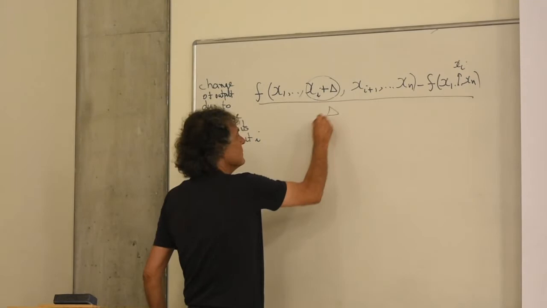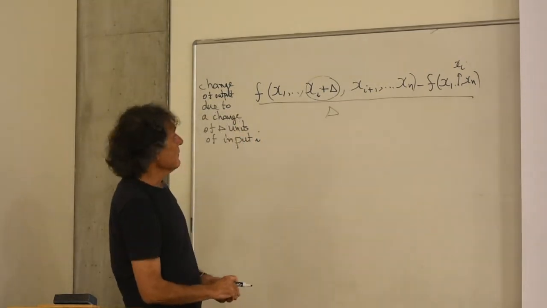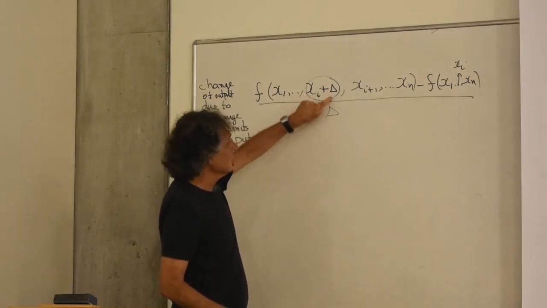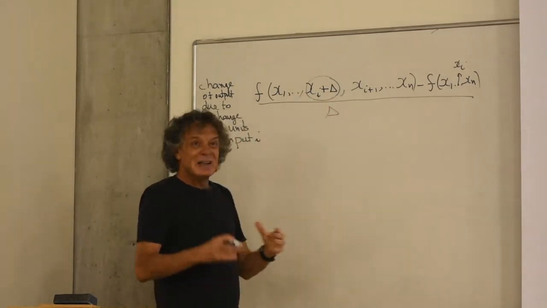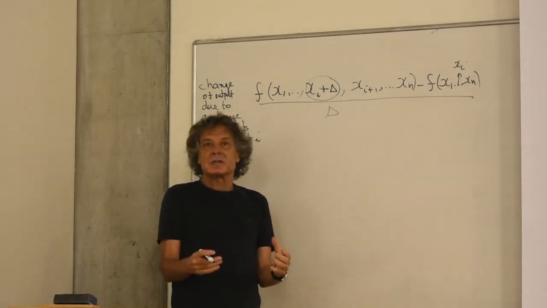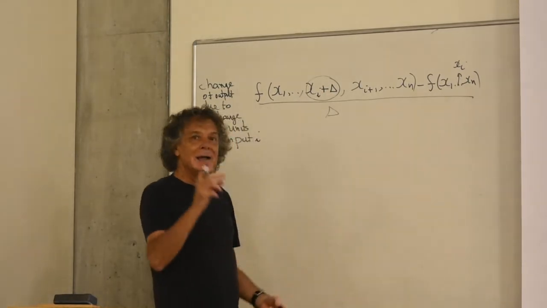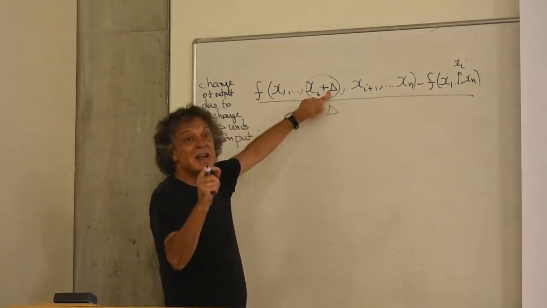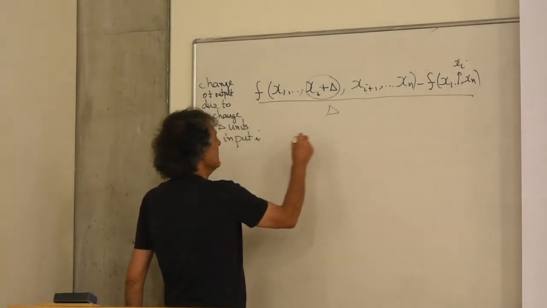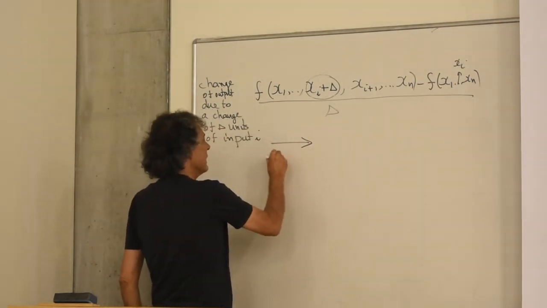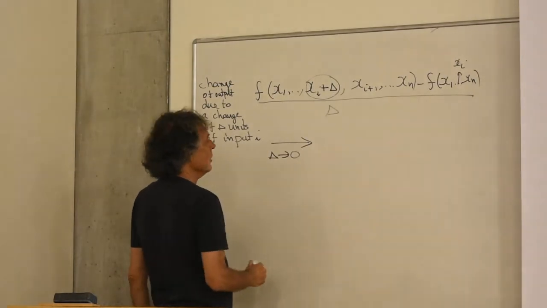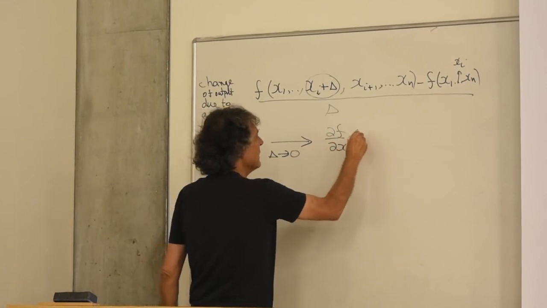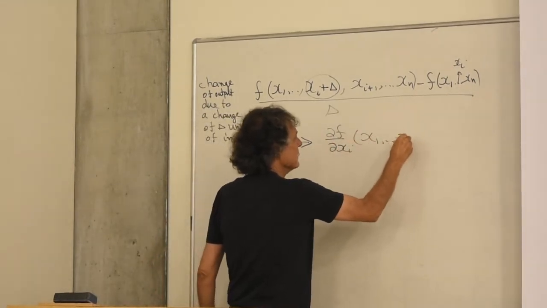This is exactly delta. Now, if I put delta equals 1, or divide by 2, or by half, I will get different ratios. So what do I take? Well, I do it when the change is extremely small. So when delta becomes very small, goes to 0, then it will be df over dxi at the point x1 up to xn.